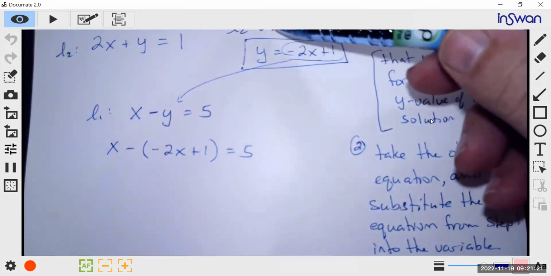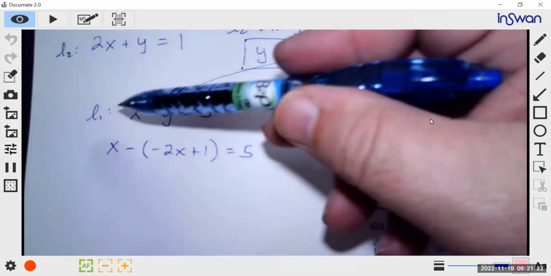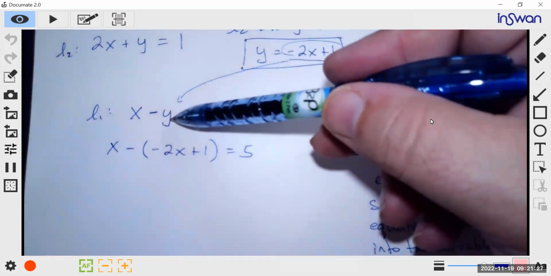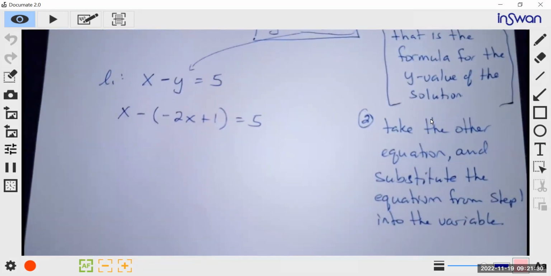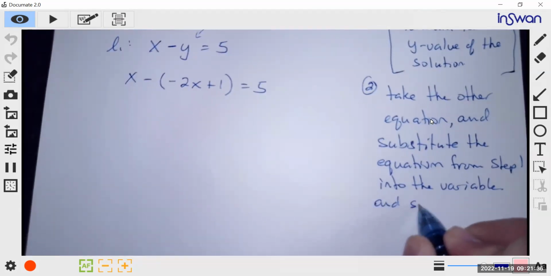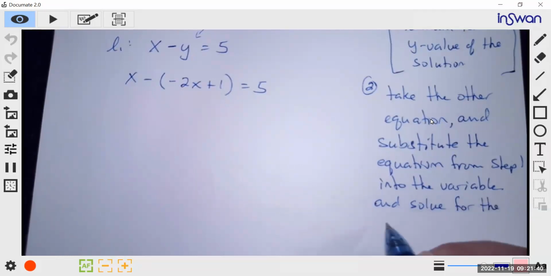Since I used line 2 in the first step to solve for y, I take the other equation. Anywhere I see a y, I put negative 2x plus 1. And solve for the remaining variable.